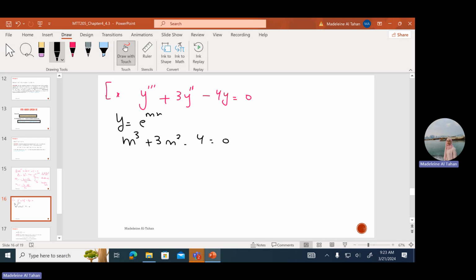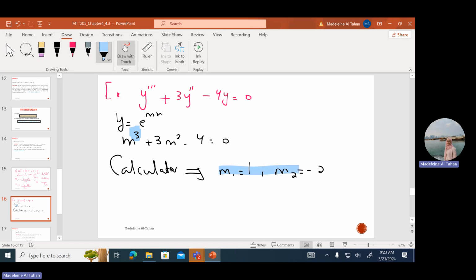Okay, how did you solve it? You tried to solve it using the calculator, right? What did you get using the calculator? It gives us m1 equal. Again, what's the order of this one? 3. Degree 3. How many roots did you get using the calculator? This missing root means that it can be either 1 repeated or minus 2 repeated. How do we know this?